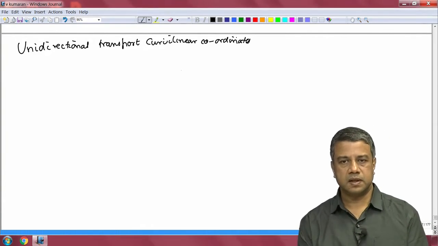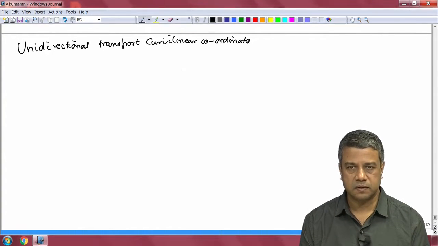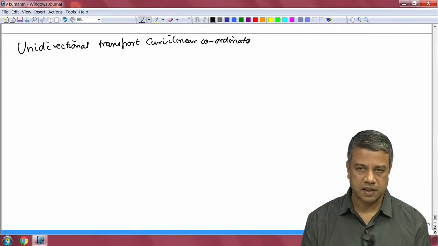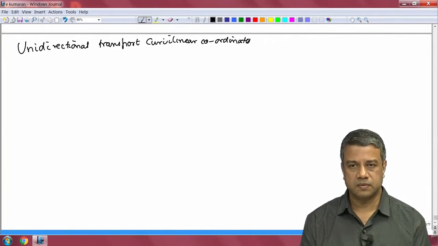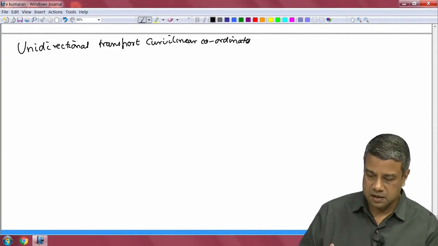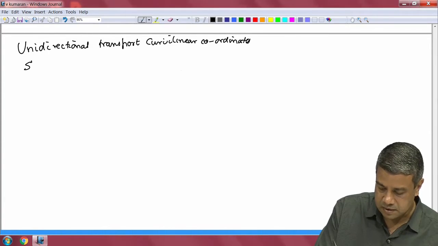Curvilinear coordinates, where the surfaces of constant coordinate in our first curvilinear coordinate system, the cylindrical coordinate system, were surfaces at constant distance from an axis, and these were used for problems with cylindrical symmetry such as the flow in a pipe.